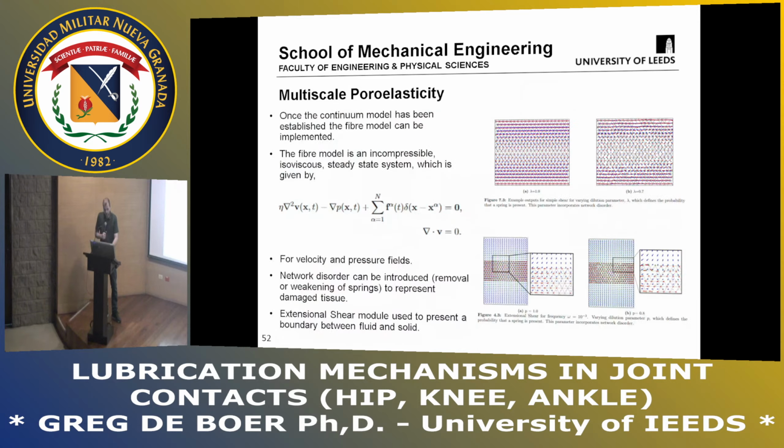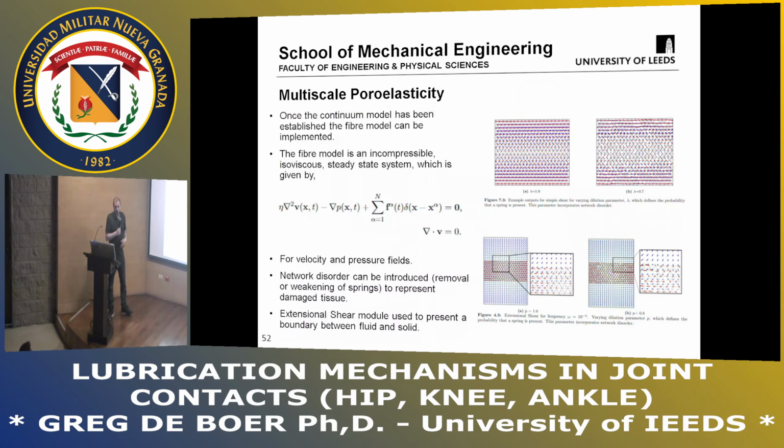Oops. Cool. So this is what the fiber models are going to look like once we get to this stage of the problem. This is our Stokes flow type model with this equation here that represents the effect of the springs within that material response. And you can see here that these springs are all interconnected, and the arrows represent the motion of the flow within those domains.